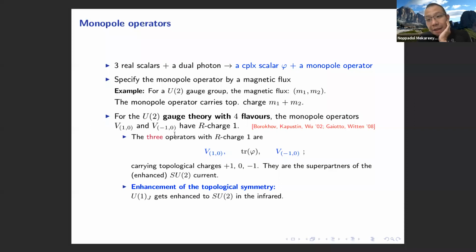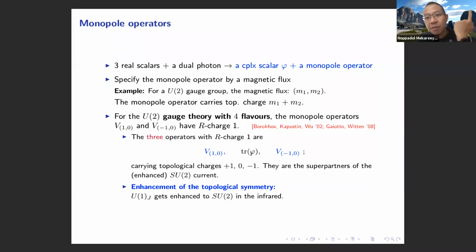Suppose you take 5 flavors, then this no longer has R charge 1. It has some R charge which is higher. Then the only operator that has R charge 1 is trace phi, and you conclude that there's only one superpartner of the current.